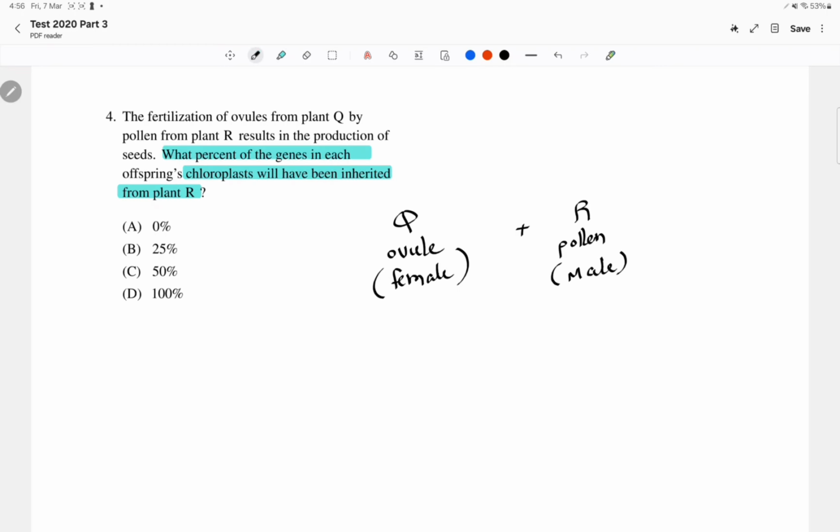What? Plant R is a male. Okay. Can males give their chloroplast away, or only females could? Only females. So 0%. Mister, what about mitochondria? Same thing. Only females give it. It's 0 because they're asking how much the male can give, right? Which is 0.